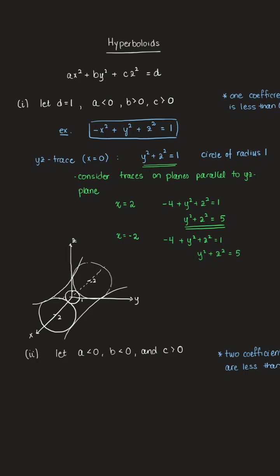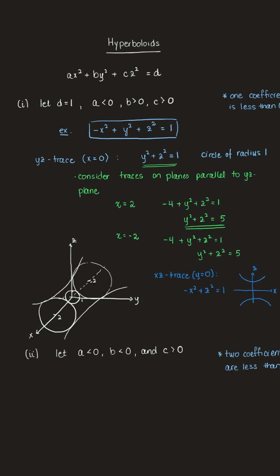Well, if we consider, for example, the xz trace, and that means what happens when we let y equal 0, we will get negative x squared plus z squared equals 1. And that is a hyperbola. This hyperbola on the xz plane flows along the z-axis.